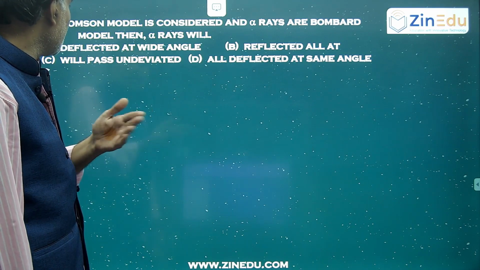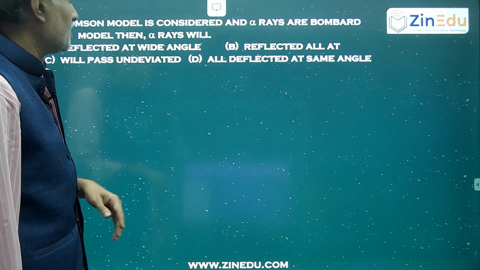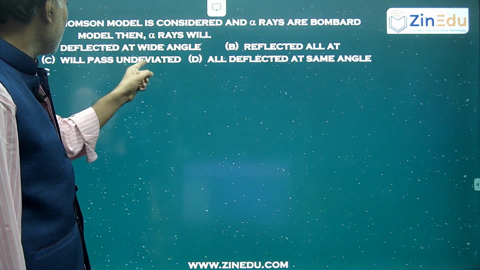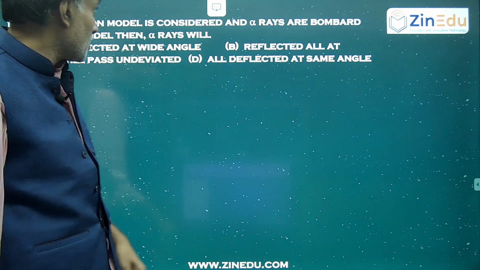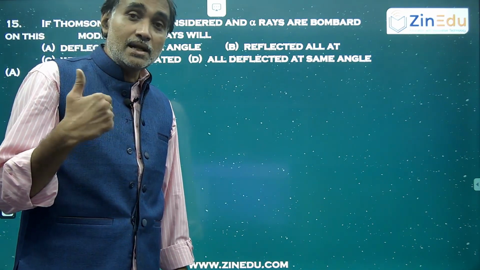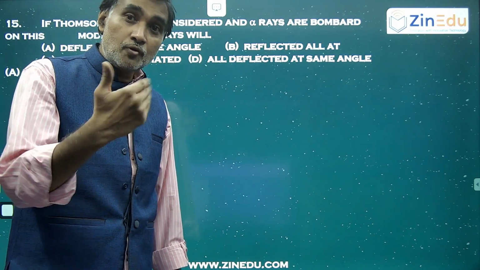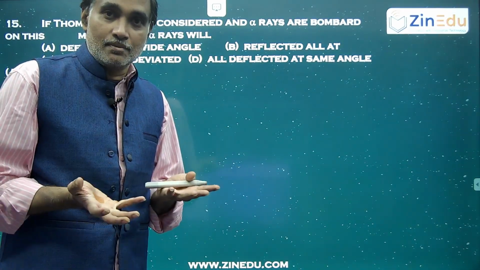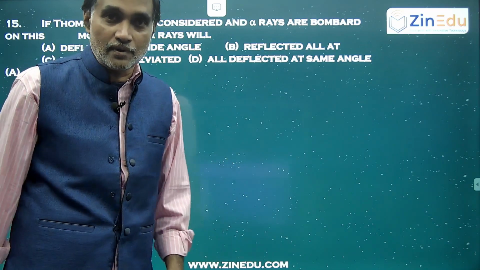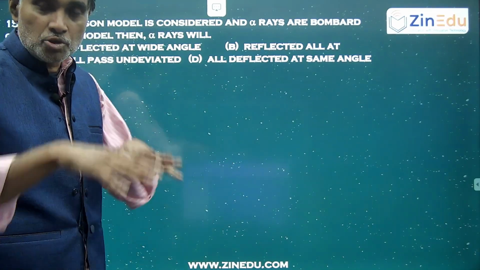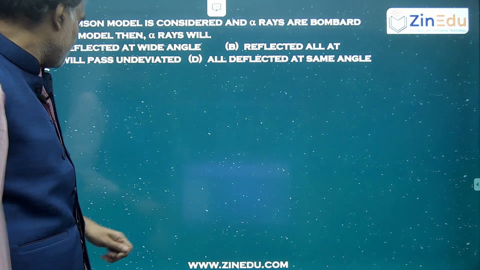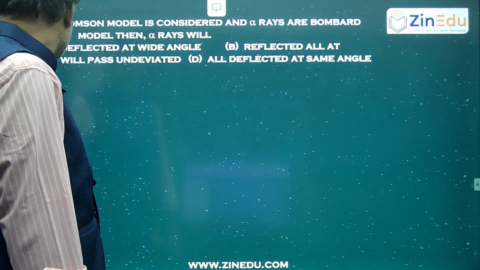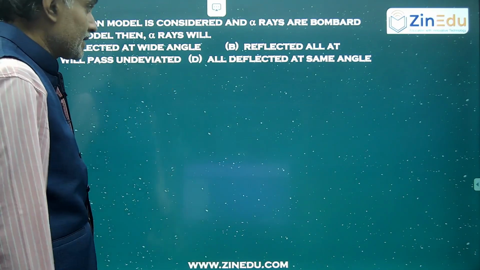Those coming towards the center deflect maximum, others deflect less. Passing undeviated is wrong actually. Passing undeviated is for Rutherford's model, because he assumed a lot of empty space in the atom. Thomson has not assumed a lot of empty space. He has assumed positive charge is distributed throughout. They get deflected.